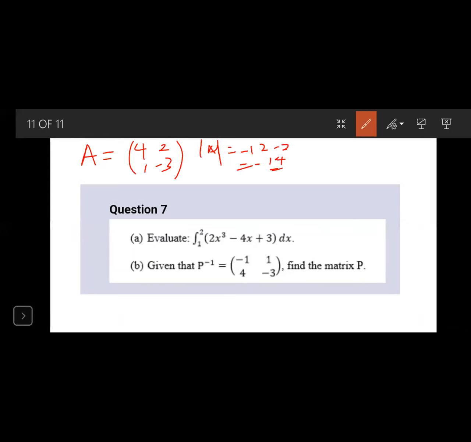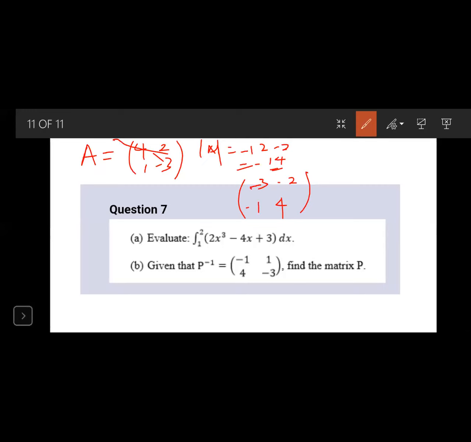Once you get minus 14, something very important here is the leading diagonal. The leading diagonal is this one. Just swap the leading diagonal, so we are going to have minus 3, 4. Then the other diagonal is multiplied by minus, so I have minus 1, minus 2.